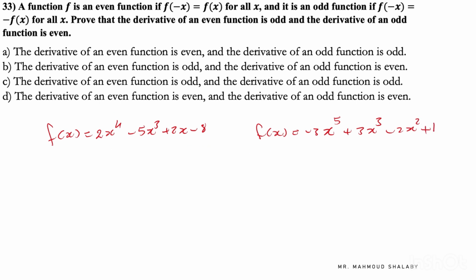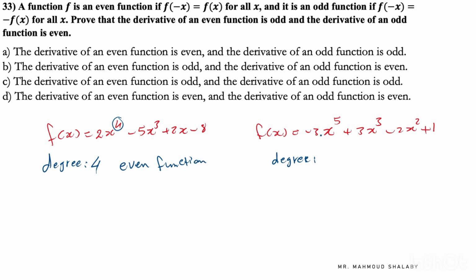Just two examples very quickly. The first thing I should find is the degree for both of them. Can you tell me what is the degree here? When we have a question like this, we look at the maximum power, which is 4. So it's a degree of 4, and as 4 is an even number, this is an even function.